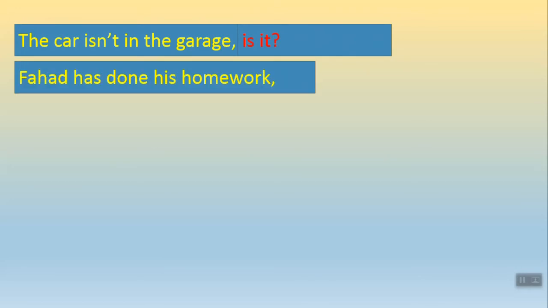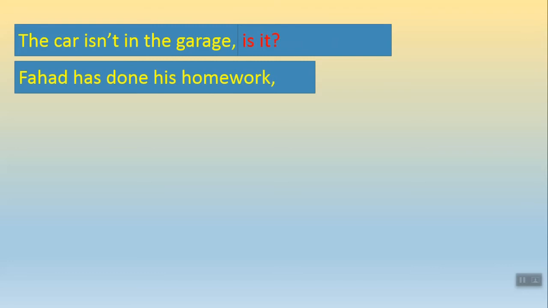Yes. Fahad has done his homework. Here we have what? Verb to have. Has. So we start with the word has. This statement, is it negative or positive? It is positive.